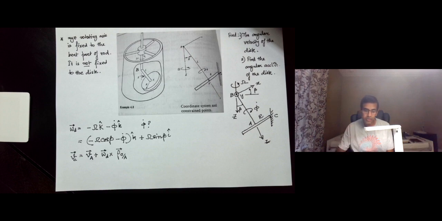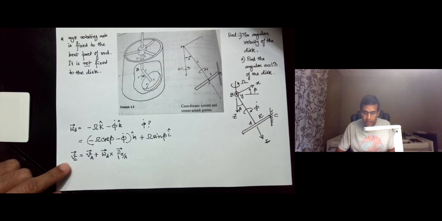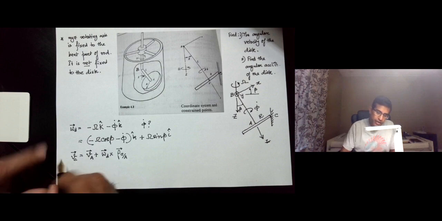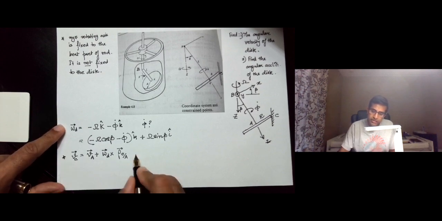It is a simplification of the 3-term velocity equation in a rotating frame. It does not have the relative velocity component, because both A and C are part of the same rigid body.